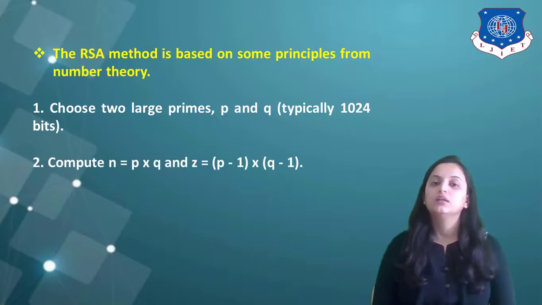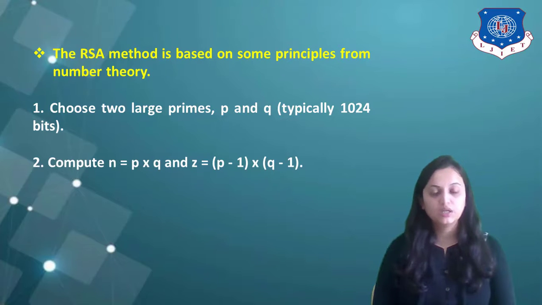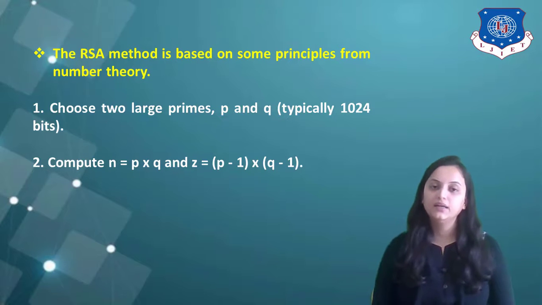The next step is to compute the product of these two large prime numbers, which we will denote with n. So here n equals P multiplied by Q. That means the multiplication of the two prime numbers that we have selected. And z equals (P minus 1) times (Q minus 1).